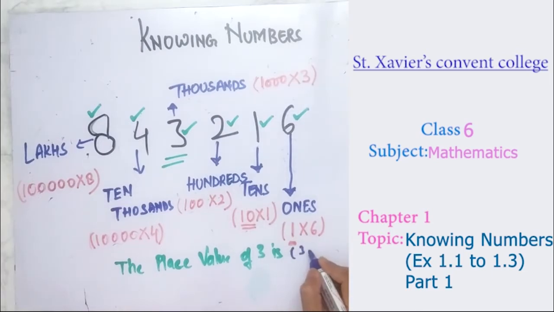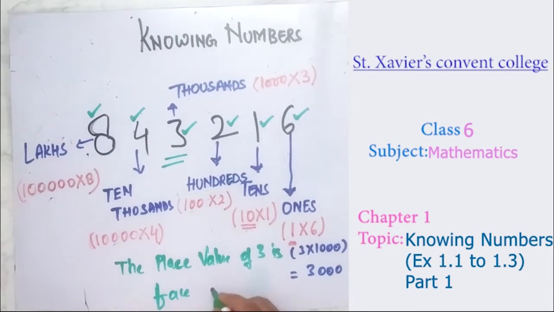So the place value of 3 is 3 into 1000, that comes to be 3000. And the face value of 3 is 3. This is the way you are going to write the answers.